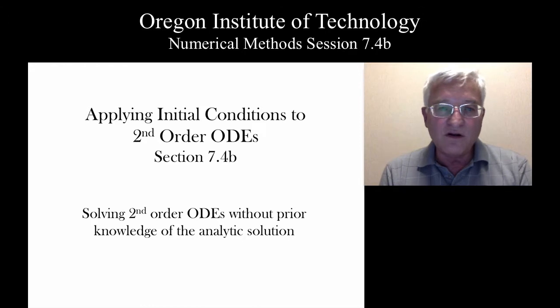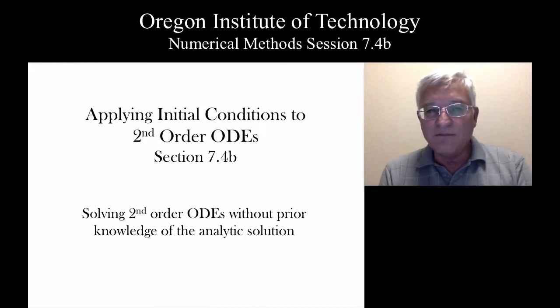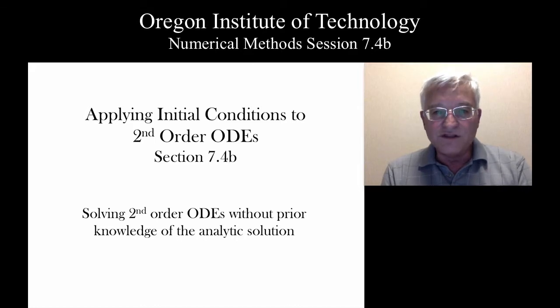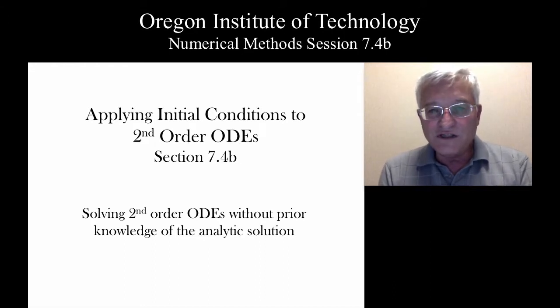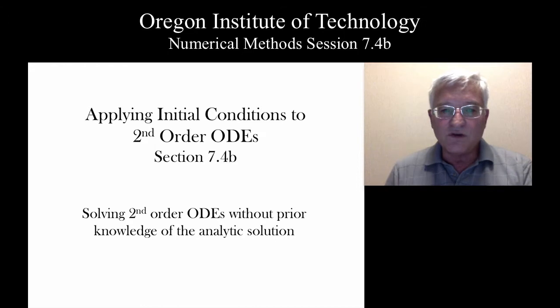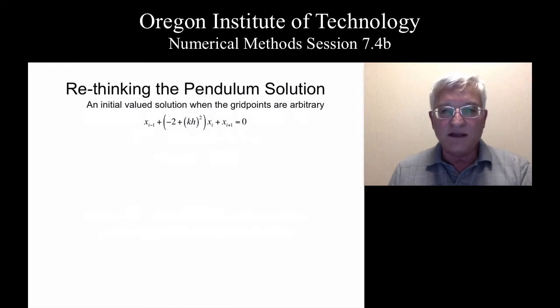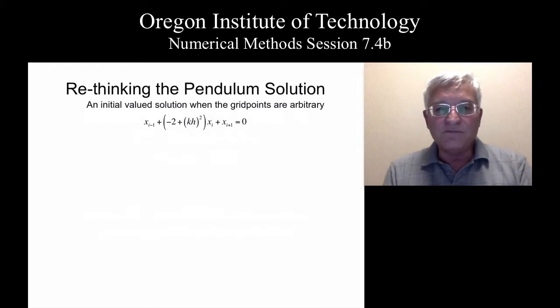That was a thing we called cheating on the previous assignment because we had to use a bit of knowledge of the analytic solution to get our boundary conditions, and that's not so good. Instead, we're going to use initial conditions that will allow us to solve this problem without knowing the period. So let's give this a try and see if we can't get an improvement on our solution.